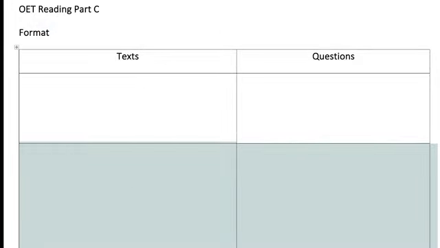Right, now in terms of texts, the texts are long. If you don't know this already, they're long texts. They're around 800 words. I'll show you an example of one in a moment.